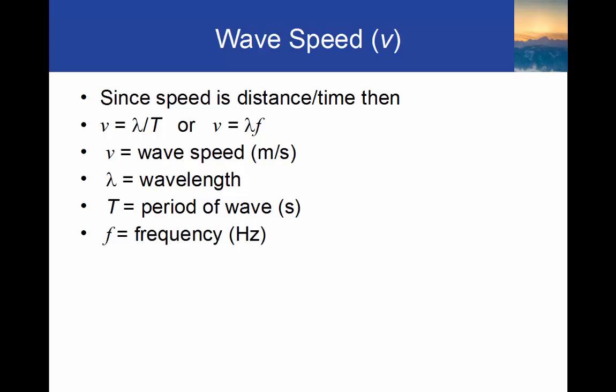And if you review that chapter or that lecture, you will recall that the speed of a wave is given by the wavelength divided by the period of the wave, or more relevantly here, the speed of the wave is given by the wavelength times the frequency of the wave.